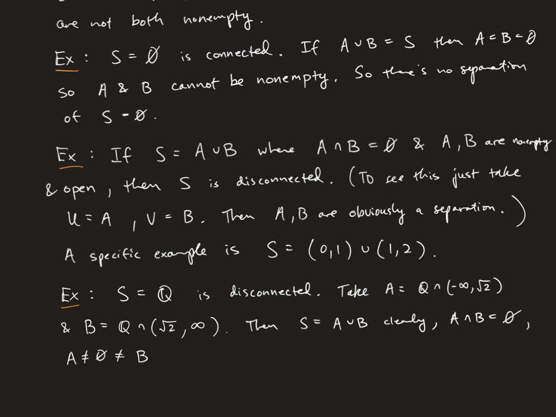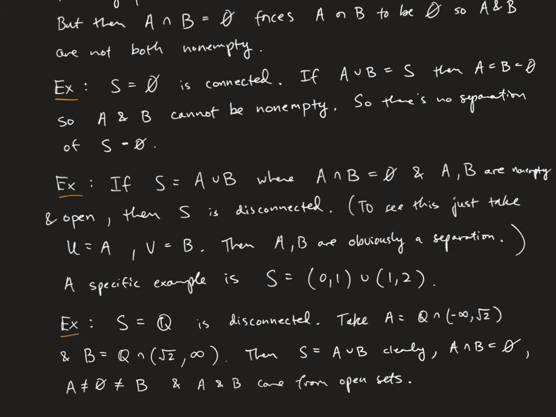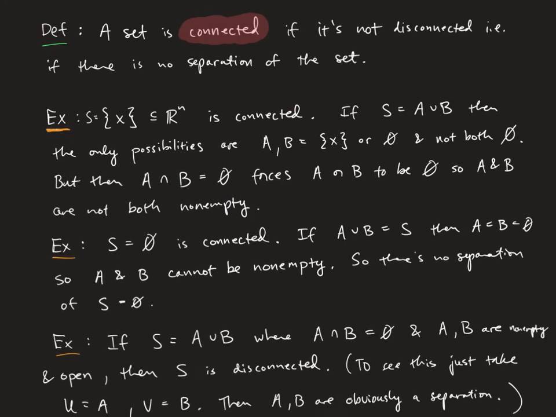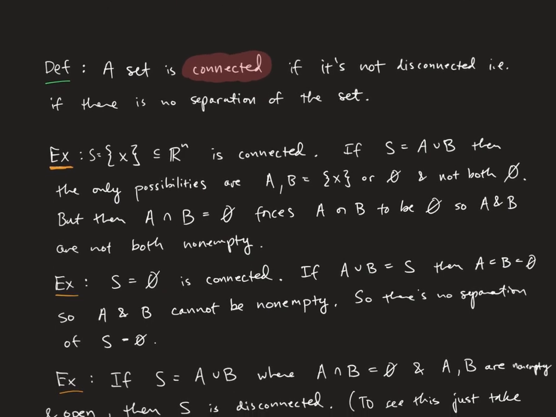We have an open set intersecting with our set S to make A and B. So that substantiates the claim. Okay, so that gives us hopefully a decent number of examples to chew on and reinforce the intuition.